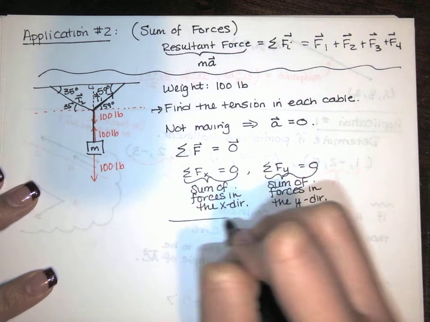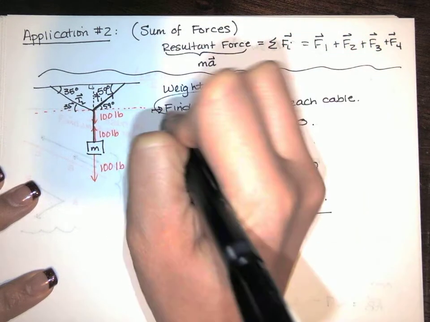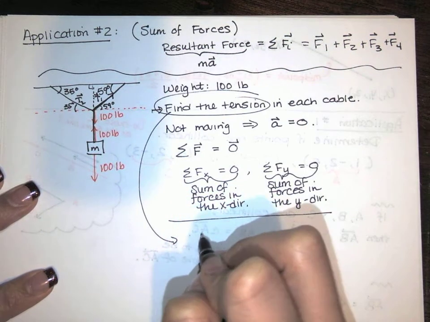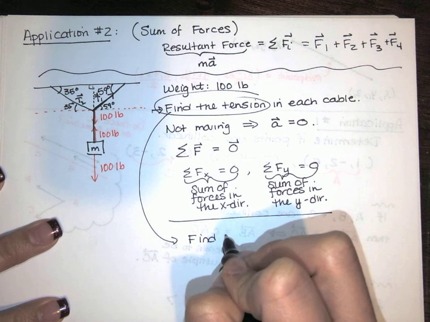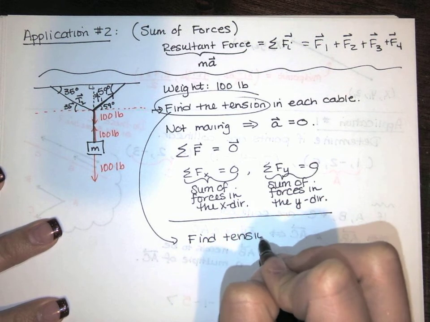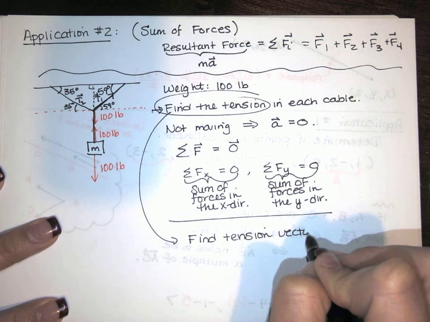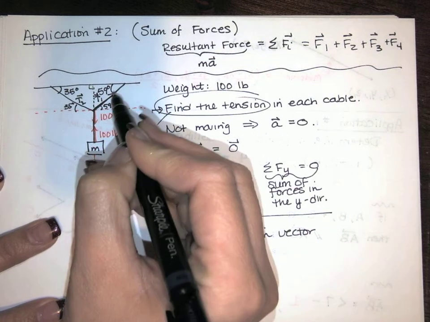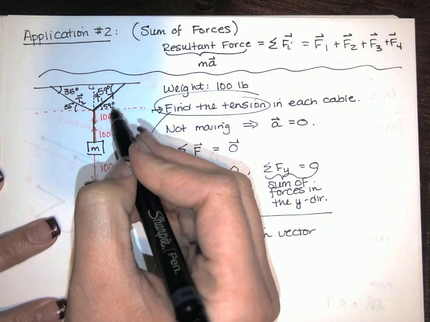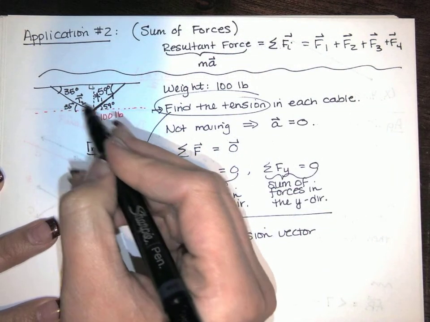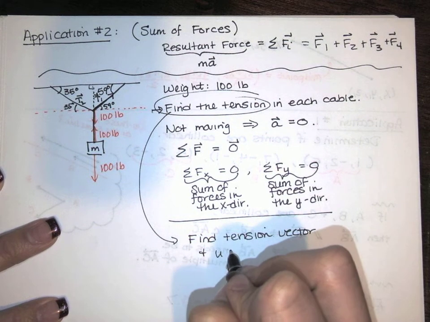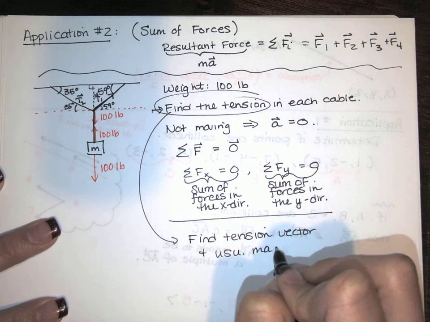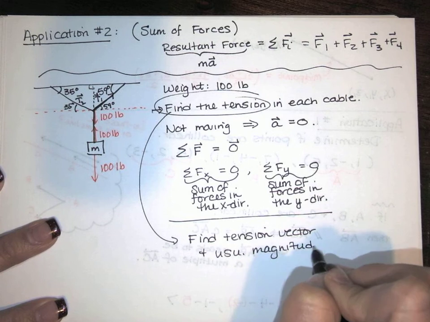When they say find the tension, they mean find the tension vector. So the tension as a vector, the x and y components of this tension and the x and y components of this tension. And usually we want the magnitudes too. I will be more explicit on your quiz over this material.